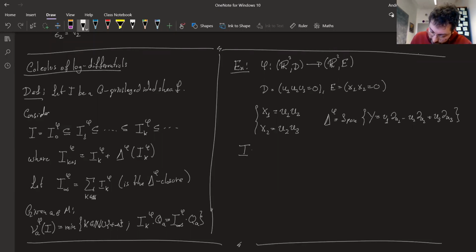And let's take as an ideal the ideal generated by f, where f is equal to u1 u2 plus u2 u3 plus u2 u3 to the power 4 plus u1 u2 to the power 6.